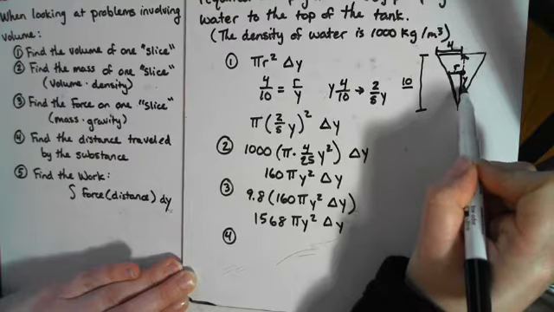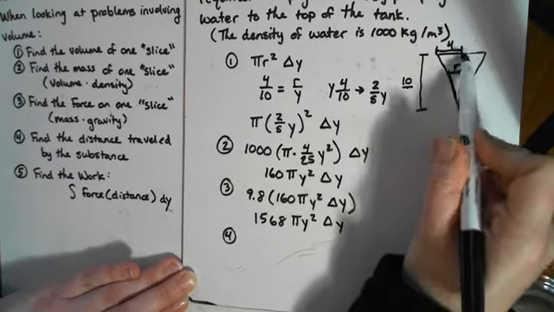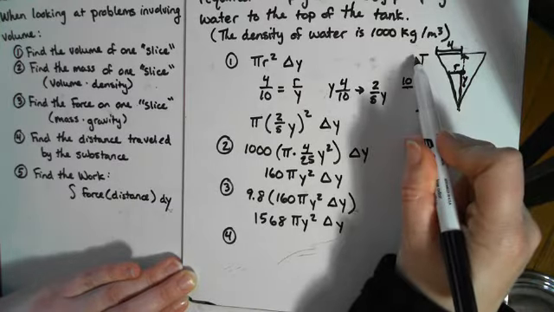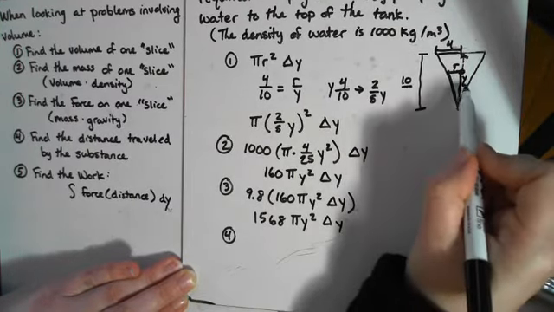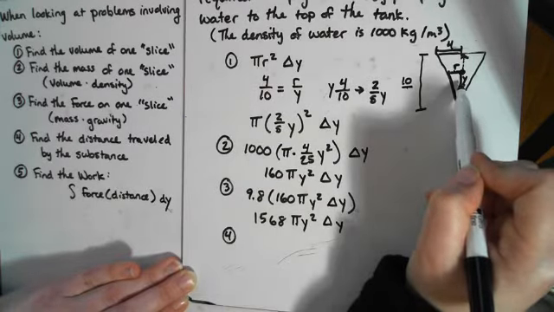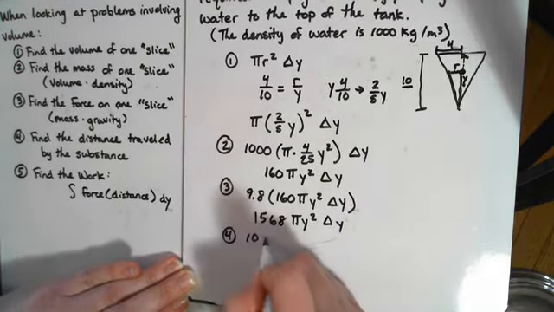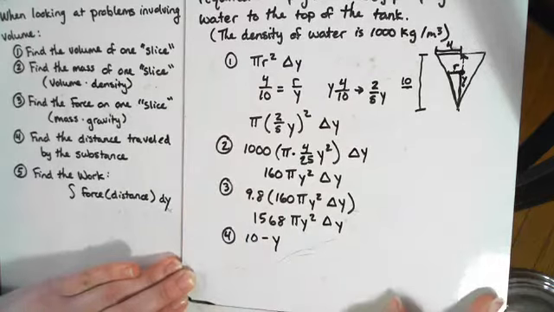Like if y is 2, it has to travel 10 minus 2, or 8 units up before it can get pumped out. If y is 4, then it would travel a distance of 10 minus 4 to get to the top. So my distance is 10 minus y.